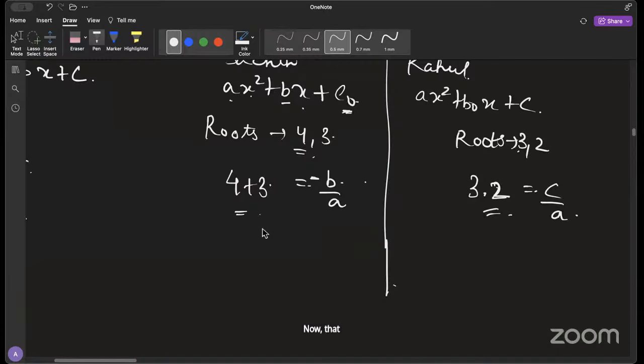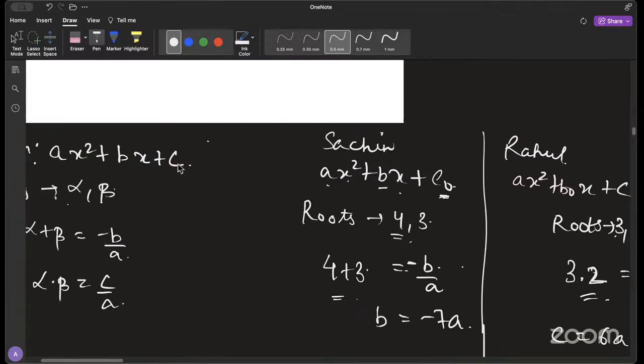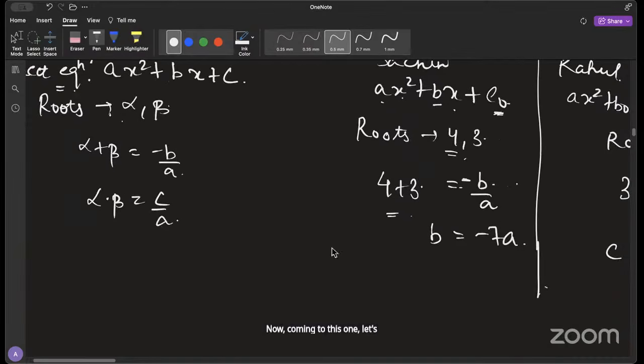Now that means your minus b is equal to 7a, or you can just say your b is equal to minus 7a. Right? And your c is equal to 6a. Now coming to this one, let's substitute these values here.